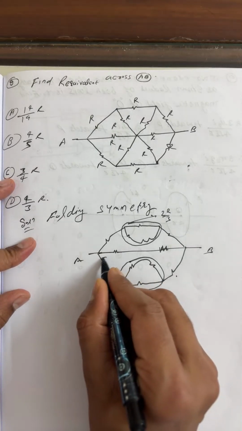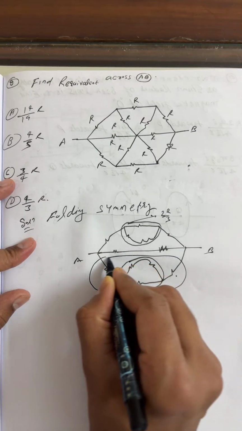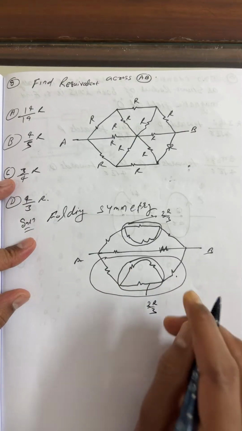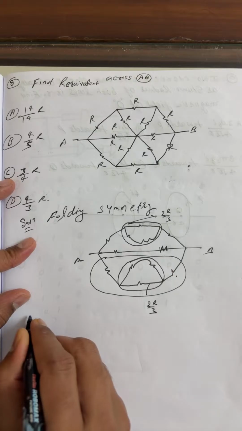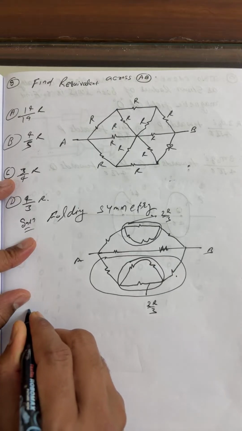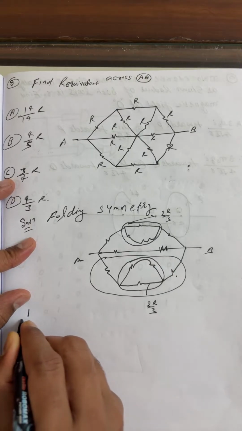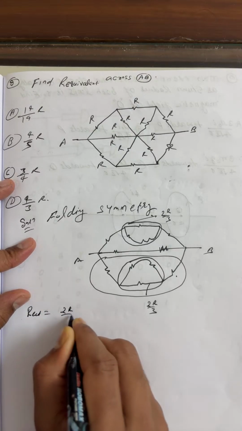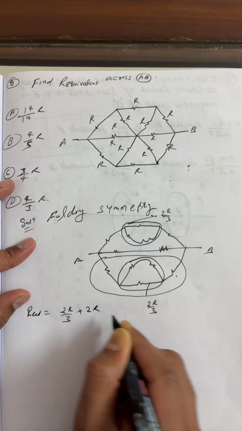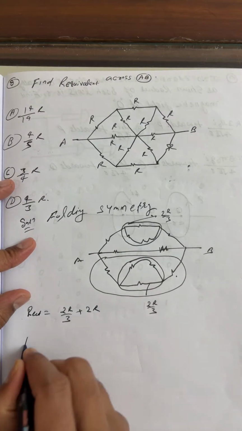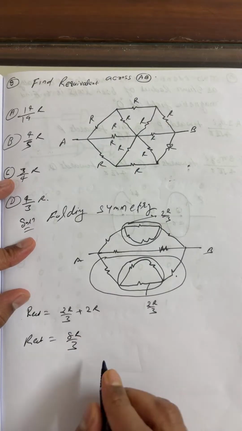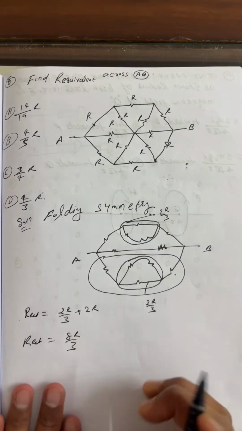I'm just solving this entire part. This is 2R by 3 and in series 2R. So the equivalent in series is 2R by 3 plus 2R, which is 8R by 3. You need to make one more diagram here.